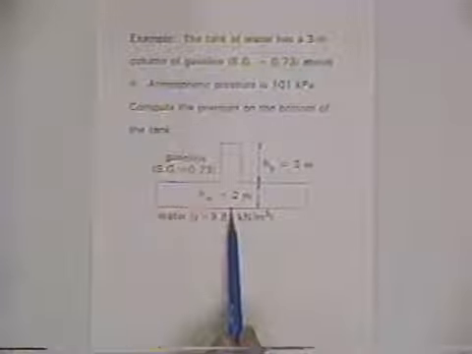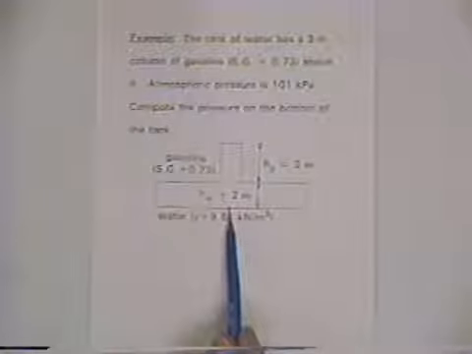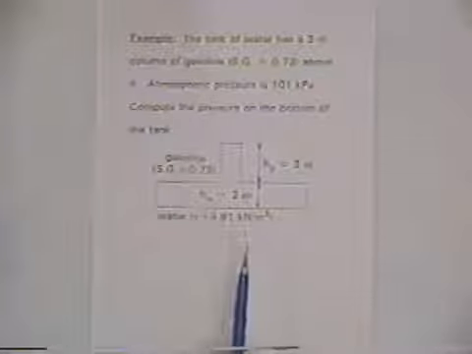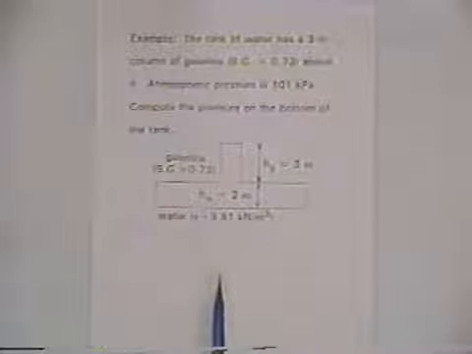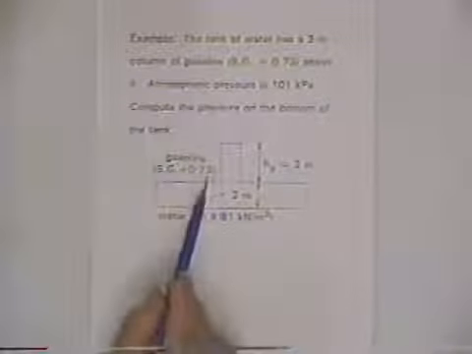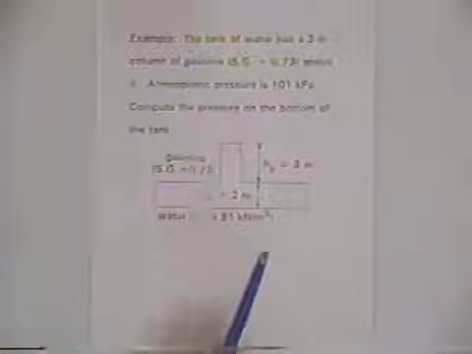We're interested right here on the bottom, what's the pressure? This point on the bottom is supporting a column of 2 meters at 9.81 kilonewtons per cubic meter unit weight, and then a column on top of that where the specific gravity is given as 0.73, so we multiply the specific gravity times the unit weight to get the unit weight of the liquid on top there. And so we can plug in the numbers and do that.